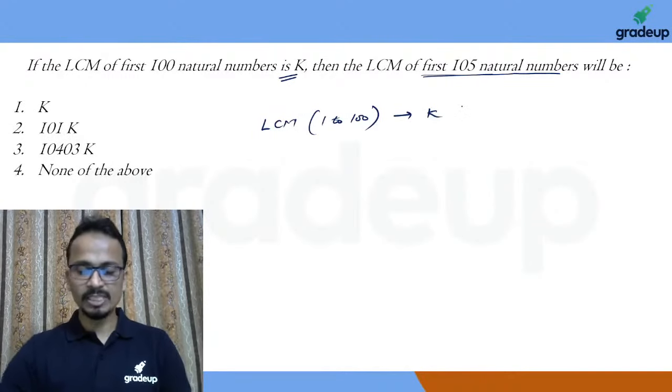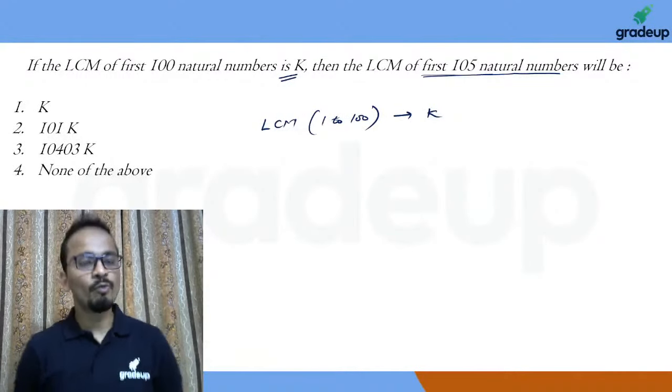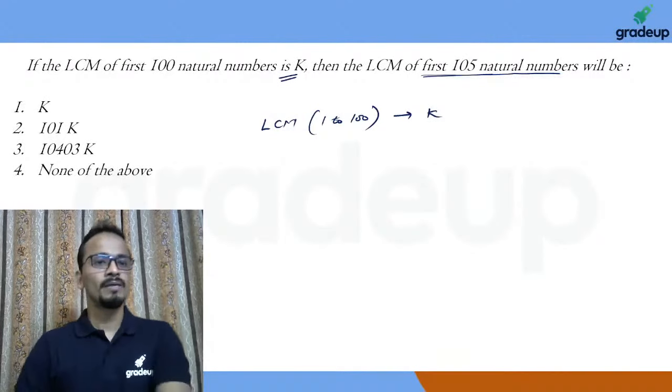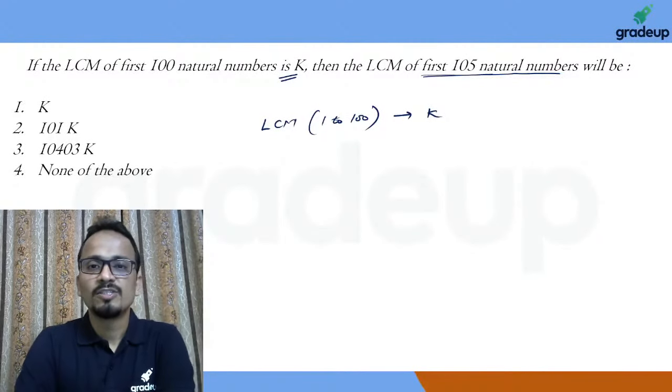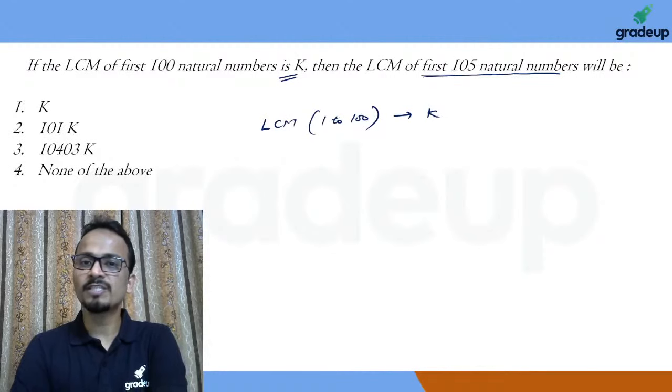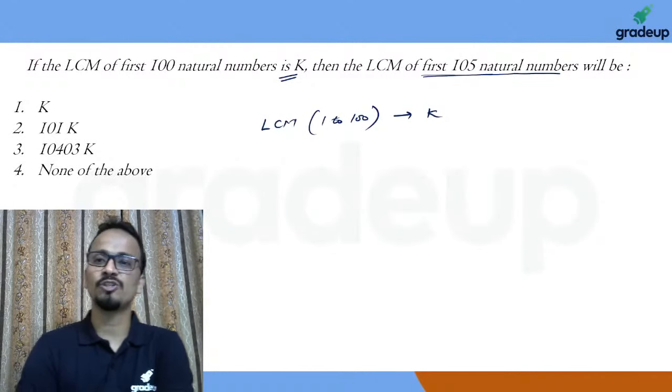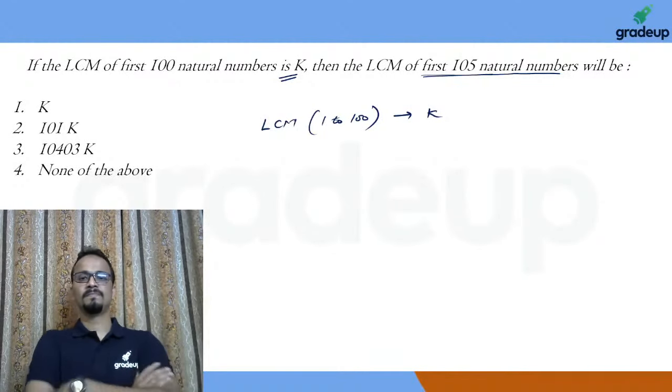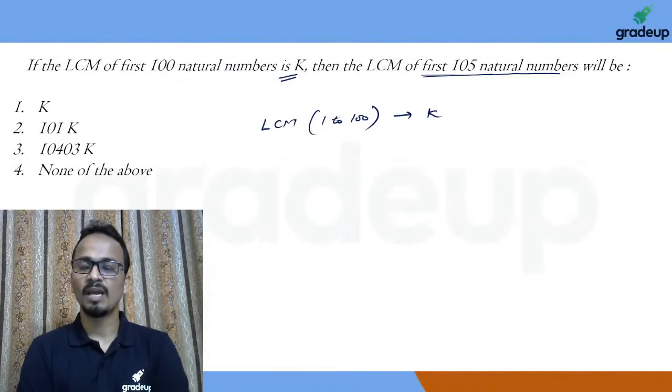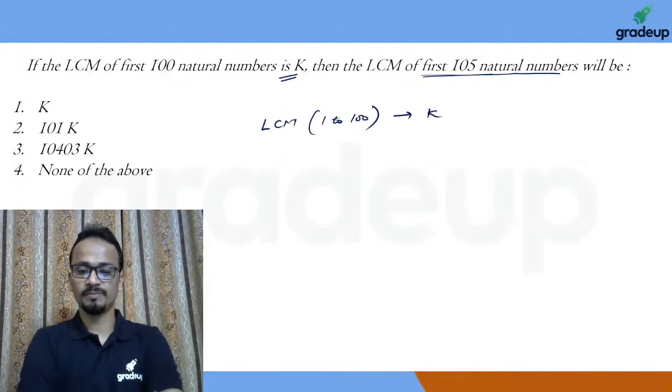Okay, now in this case you have 4 options given to you. So you'll have to find the LCM of the first 105 natural numbers. A very easy but conceptual question.